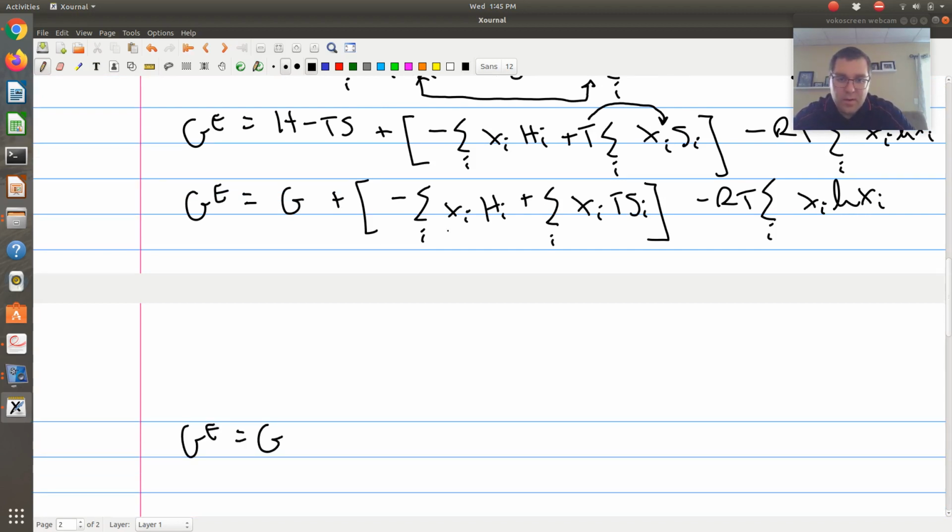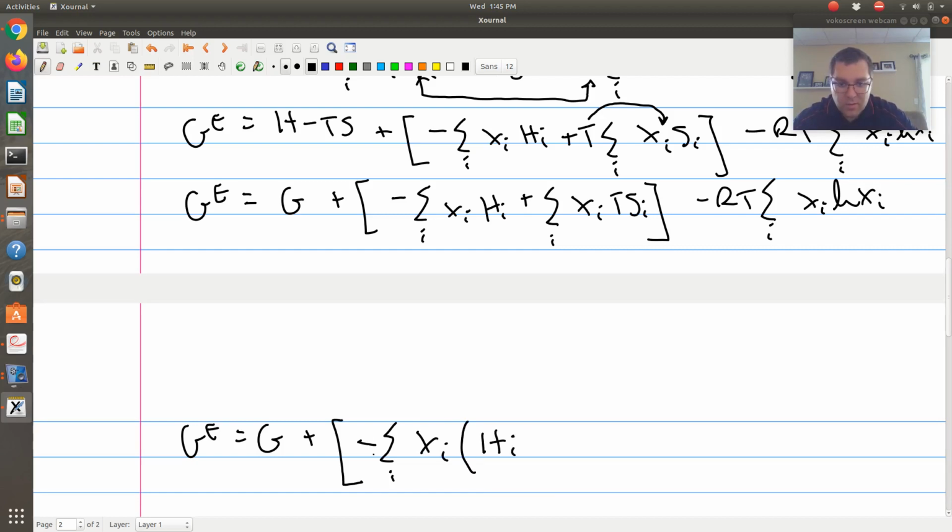If I collect terms, I'm going to write this as the sum over i xi, and we can keep the negative in front there.